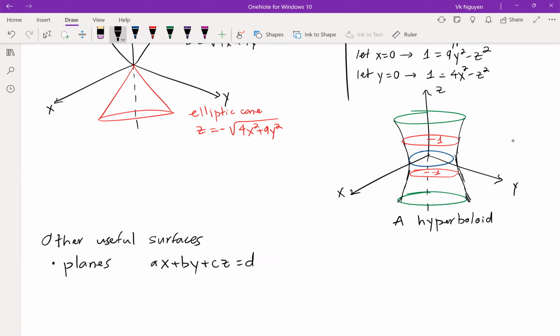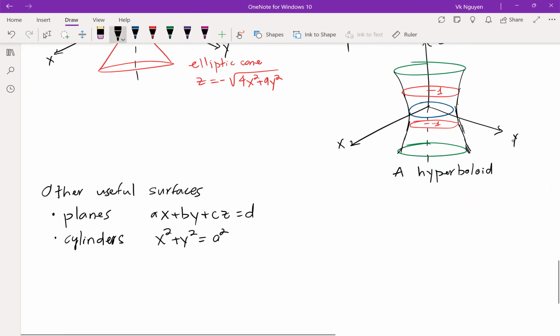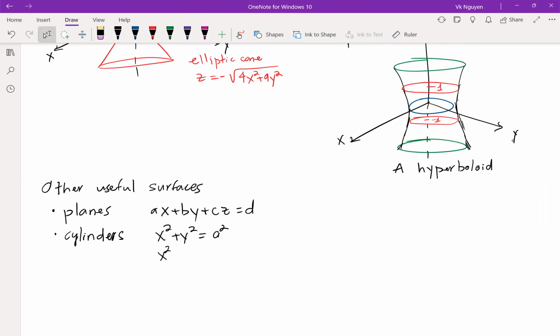This is the formula for the plane from Math 1C. And then cylinders, hopefully you learned cylinders from Math 1C. You can have x squared plus y squared equal a squared, x squared plus z squared equal b squared, or y squared plus z squared equal c squared.